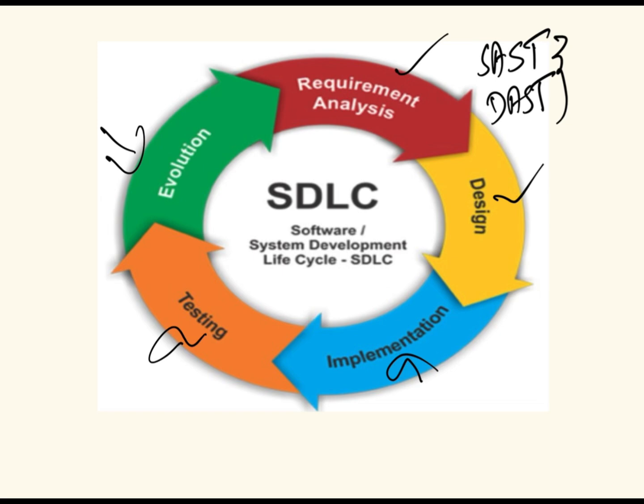The CISSP exam keywords for DAST are black box testing, runtime testing, detective control. SAST versus DAST: code needed in SAST yes, but in DAST no. Application running in SAST no, but in DAST yes.